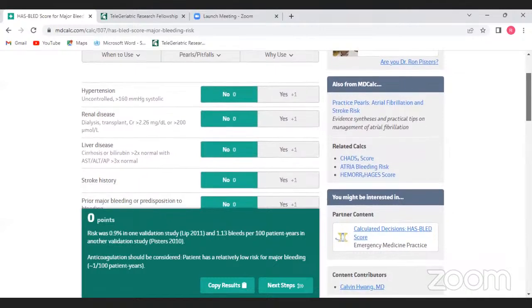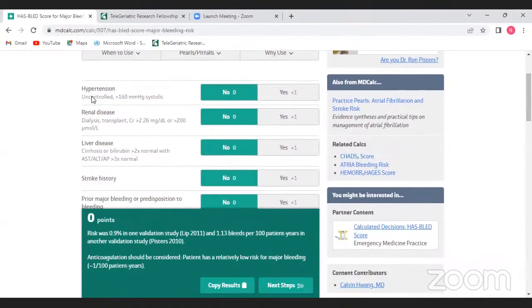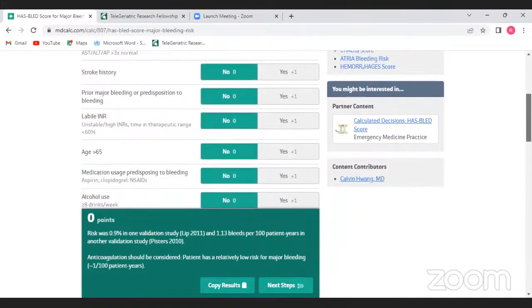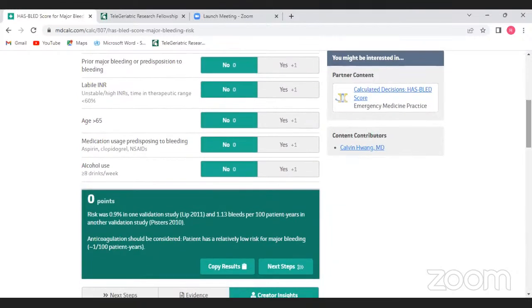So for this score, as you see here, you have hypertension, if uncontrolled or more than 160 systolic blood pressure; renal disease, dialysis, transplant, creatinine more than 2.26 milligram per deciliter or more than 200 micromole per liter; and liver disease, cirrhosis, or bilirubin more than 2 times normal with AST, ALT, ALP more than 3 times normal; stroke history; prior major bleeding or predisposition to bleeding; labile INR; age more than 65; medication usage predisposing to bleeding; and alcohol use of 8 or more drinks per week.